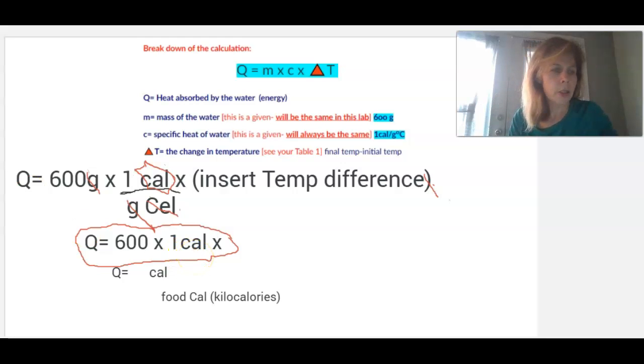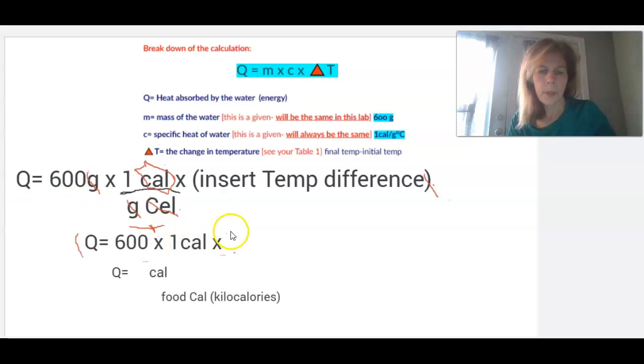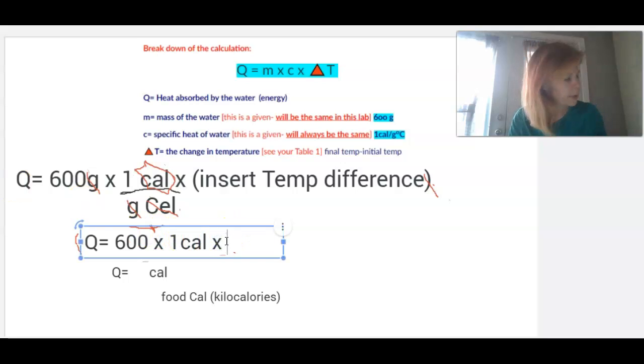So let me erase this. Let's actually apply a number to it, okay? Let's say the temperature difference was 1.22. So we're going to put in 1.22. And we've already crossed out the degrees Celsius, so we can just deal with our numbers.